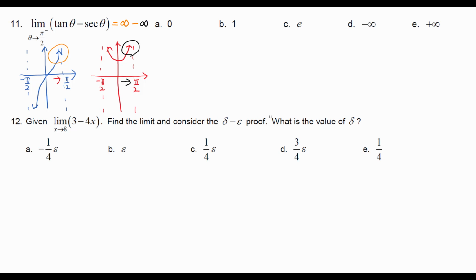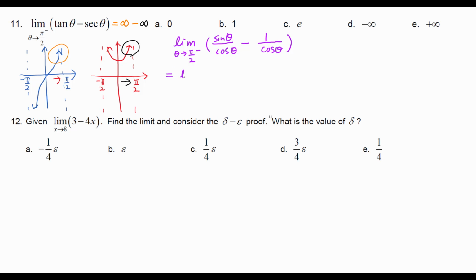So limit as theta approaches pi over 2 from the left. Tangent theta is sine theta over cosine theta, minus secant theta, which is 1 over cosine theta. Great. We have a common denominator already.